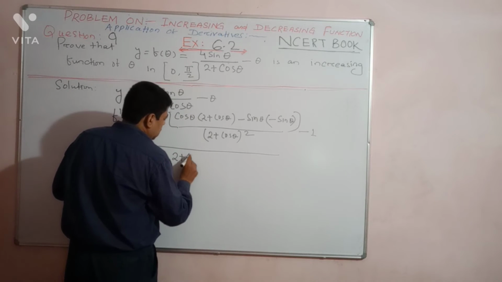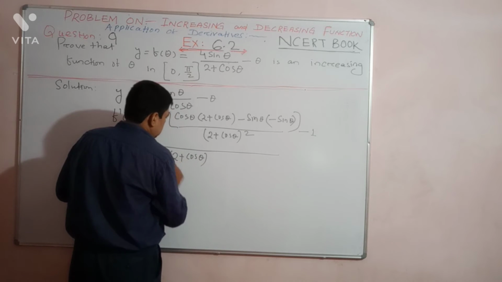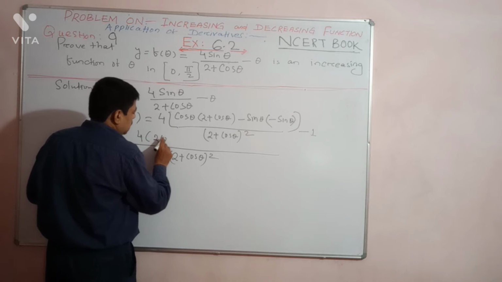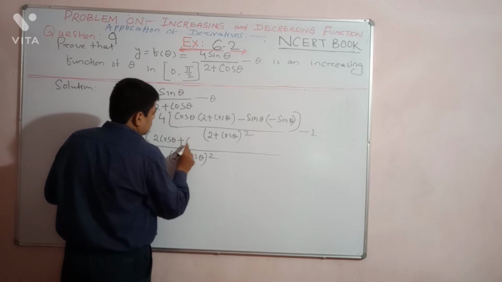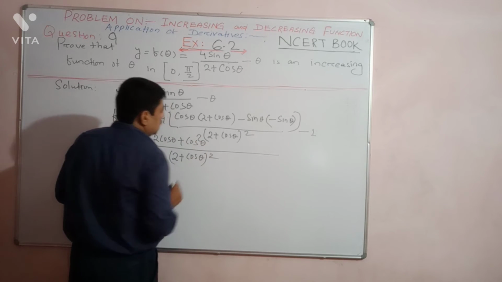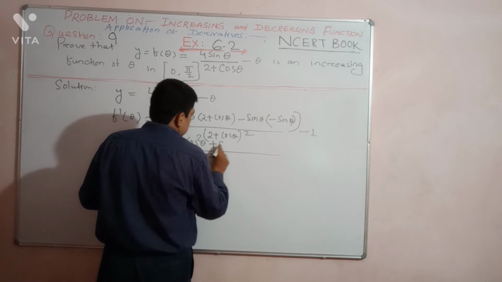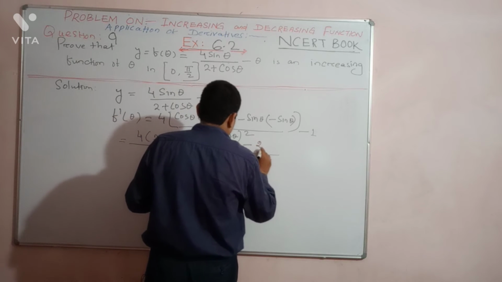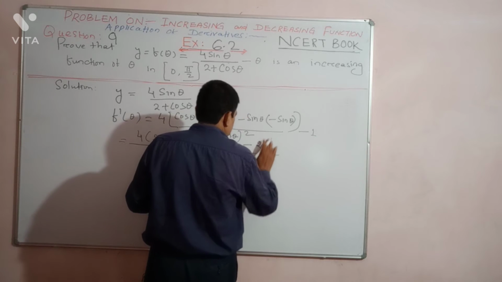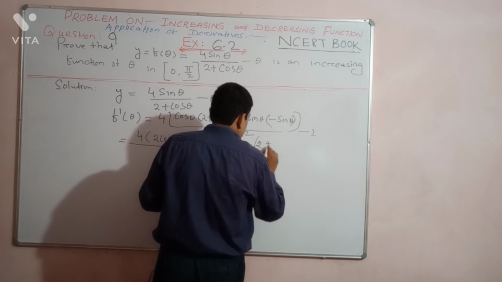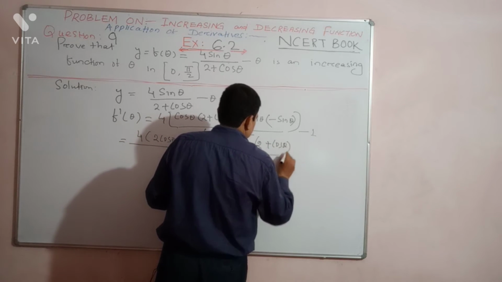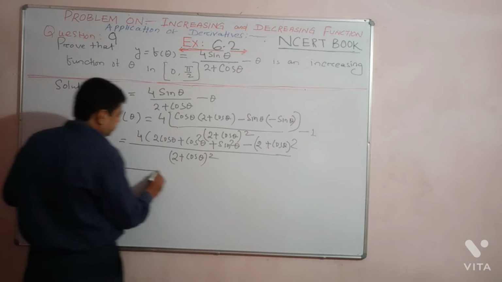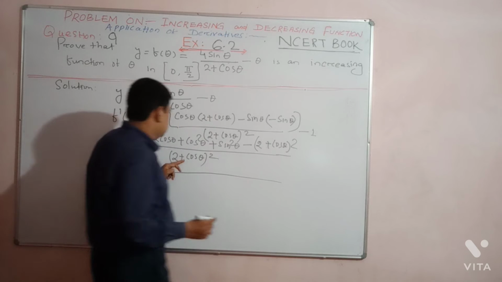That is equal to 4 whole into 2 cos theta plus cos square theta, minus and plus sin square theta, minus 2 whole into 2 plus cos theta whole square. If you take the LCM, it will be like that. Understand or not?